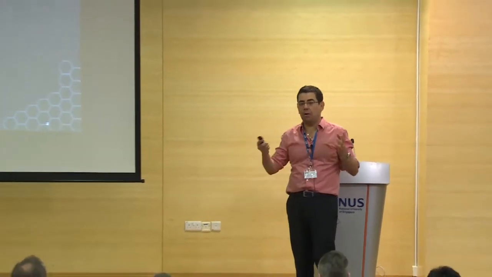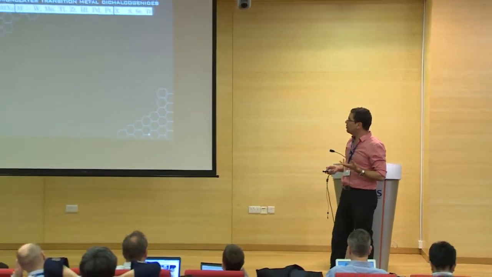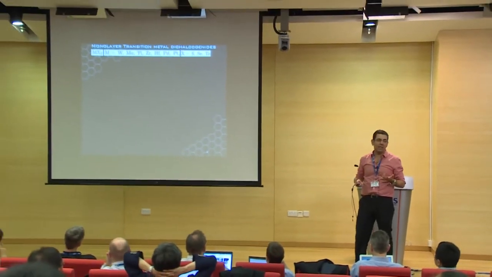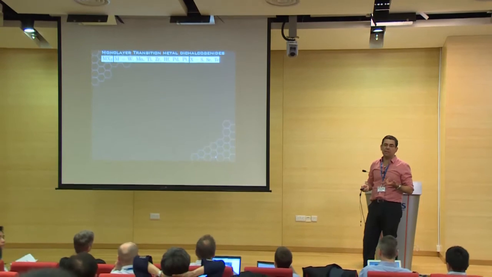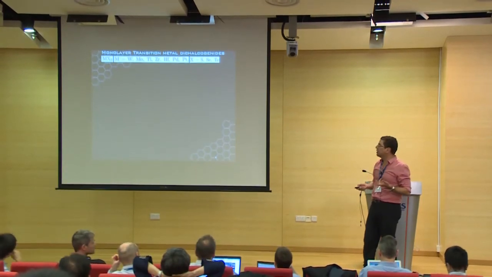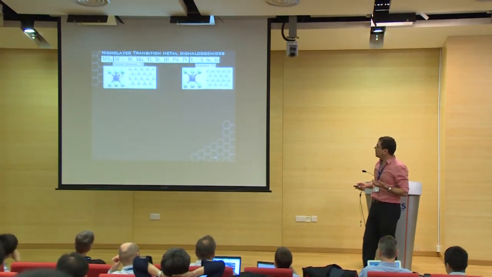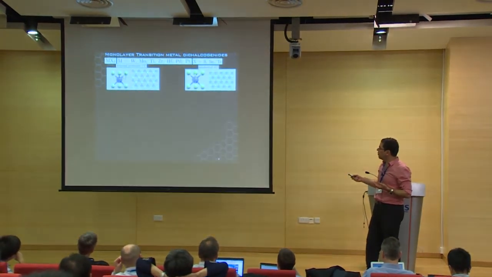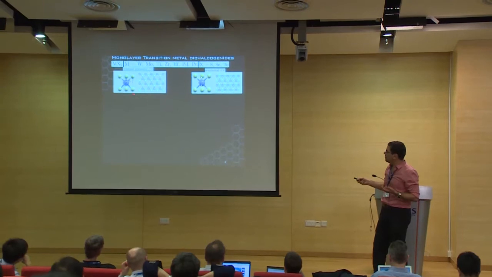But before that, I want to talk about monolayer transition metal dichalcogenides. I don't have to repeat what you have heard already many times here. I just want to point out the interesting flexibility of these materials. You have essentially two possible orientations of the chalcogen layers relative to each other.